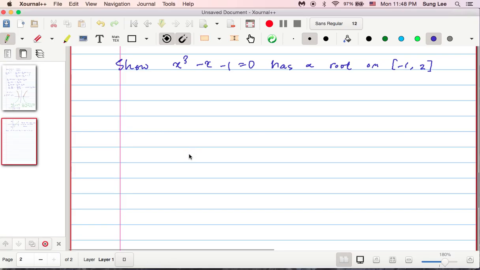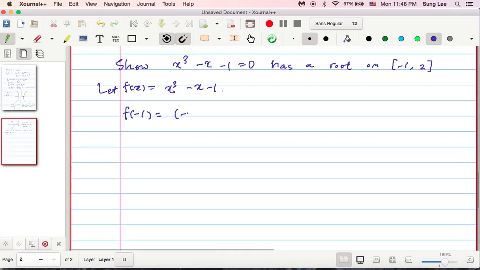How do we use the corollary to show this? First, let f of x be the following function: x cubed minus x minus 1. And then we are going to calculate the value of f of x at each endpoint. First, f of -1.